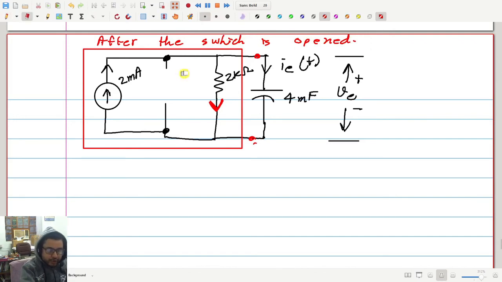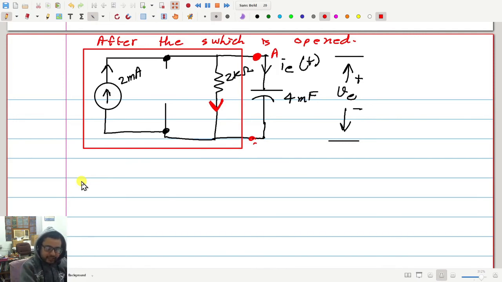I will do it directly. What can we say about the KCL at point A? I don't want to use any equivalent circuit or any shortcut. I want to do it in a more detailed manner.